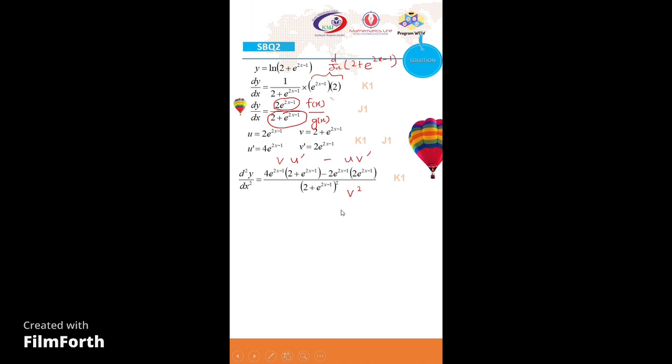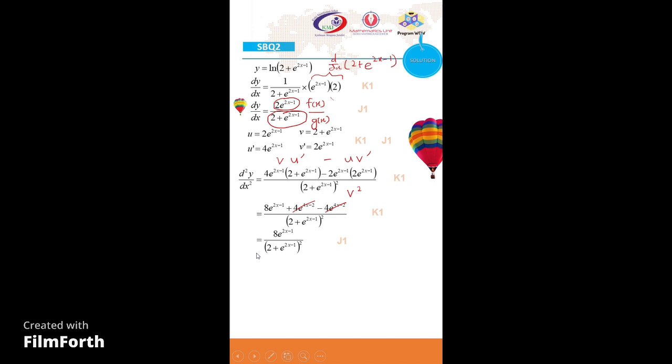Okay, then you can expand the numerator, and there you can simplify. So you get the final answer in the simplest form.